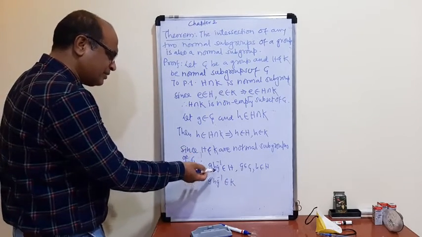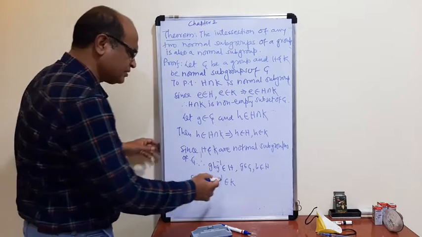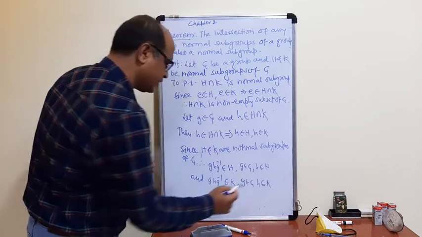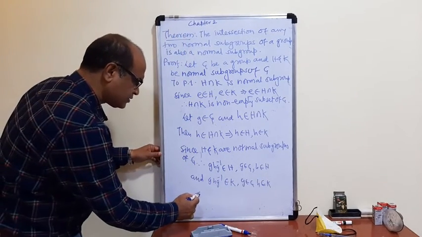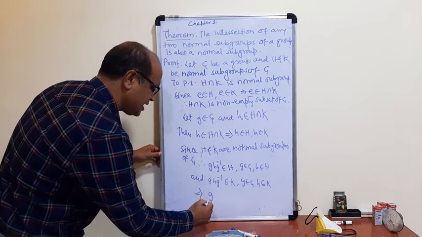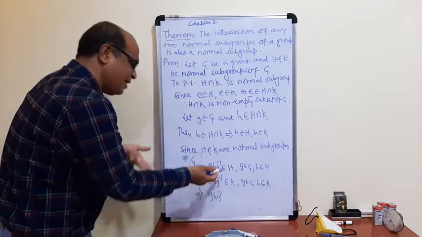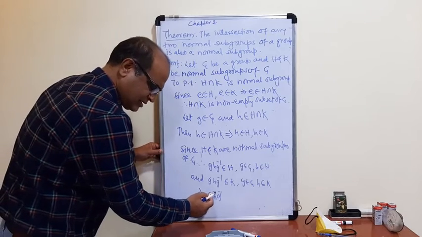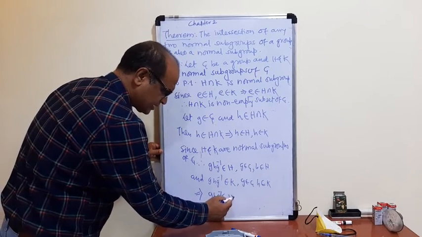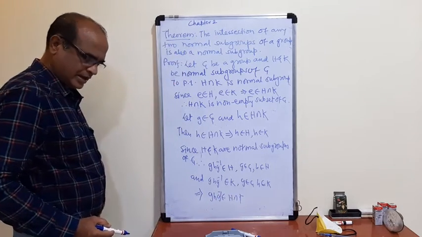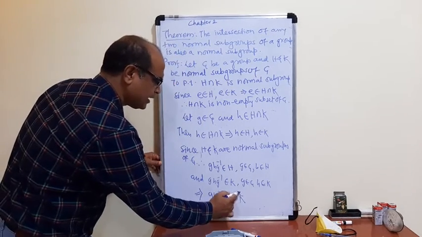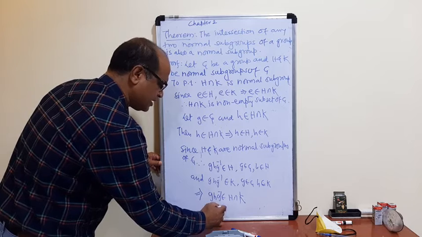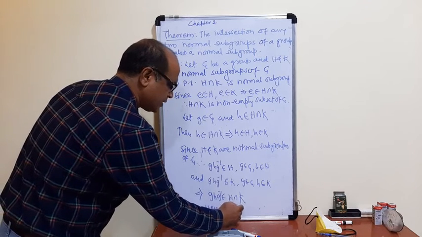H is a normal subgroup, K is a normal subgroup. So g h g inverse is an element of H and an element of K, then clearly g h g inverse belongs to H intersection K. Hence, by the definition of normal subgroup, H intersection K is a normal subgroup.